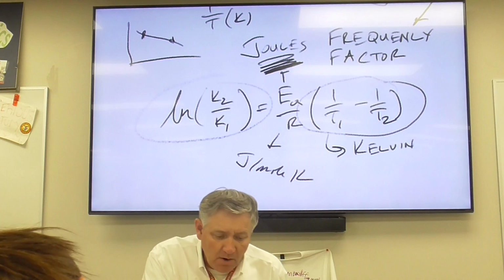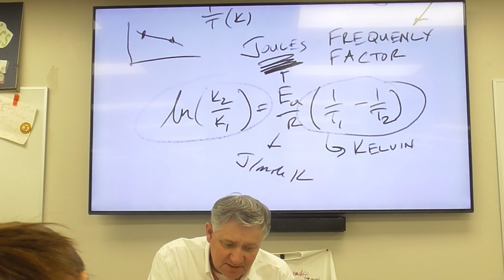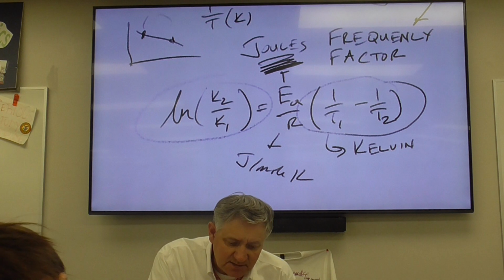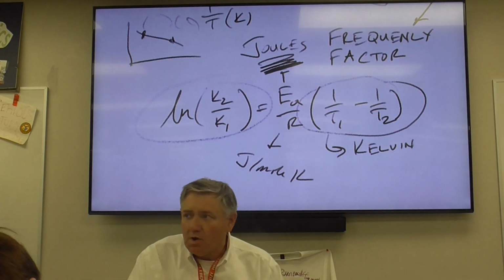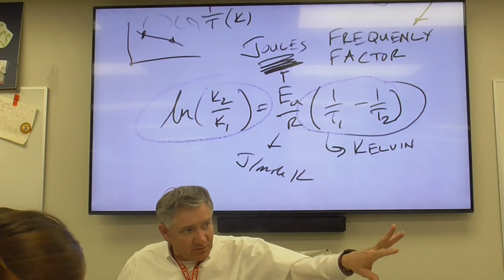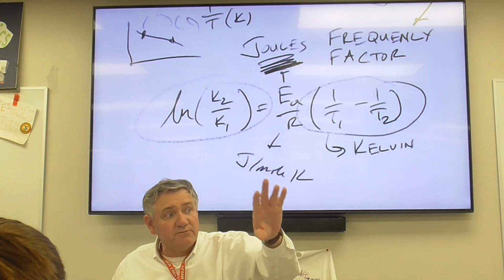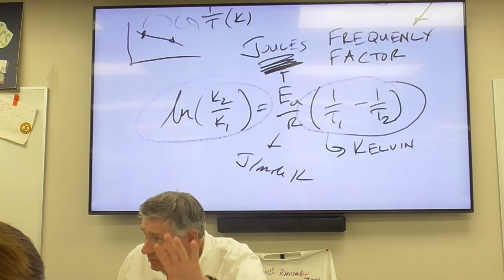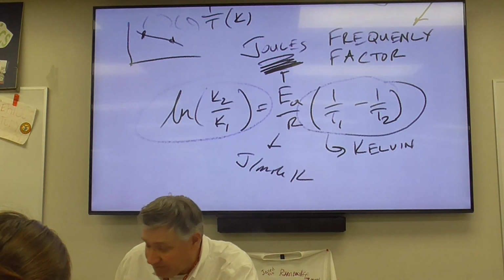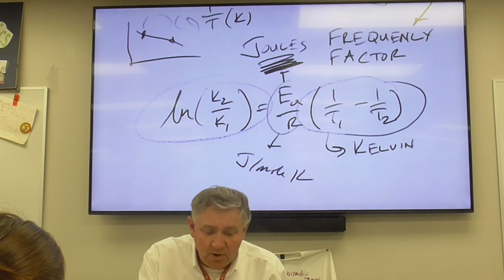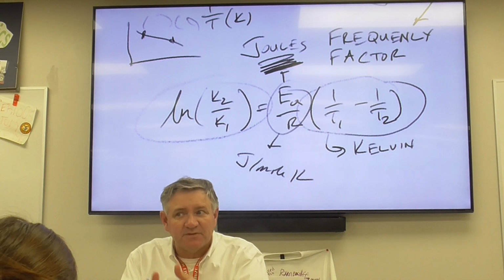Okay? So all this is, if you think about this, just X and Y coordinate values where you have the natural log of K as your Y values, and you have 1 over temperature as your X values. The E sub A over R is just the slope of the line.